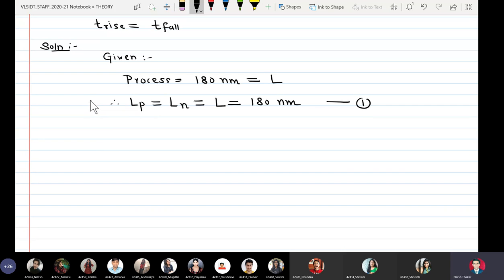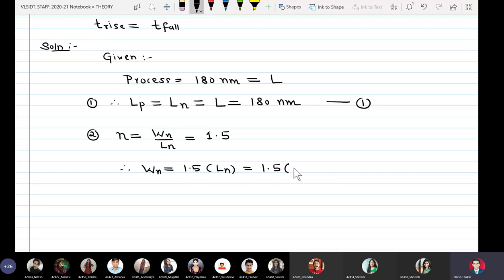So we can say this is the first one. Second is N, which is the size of NMOS, is Wn by Ln equal to 1.5. Therefore, width of NMOS is 1.5 times Ln, which comes out to be 1.5 into 180 nanometers equal to 270 nanometers.